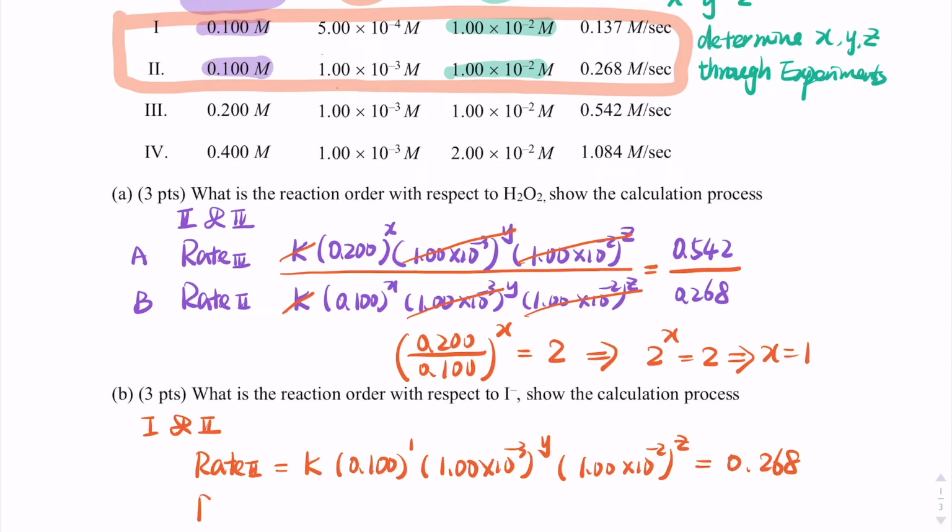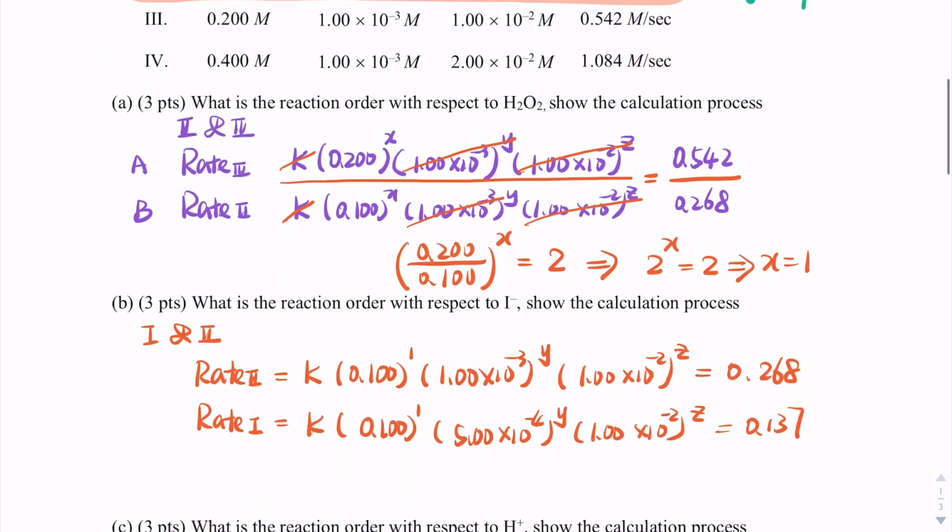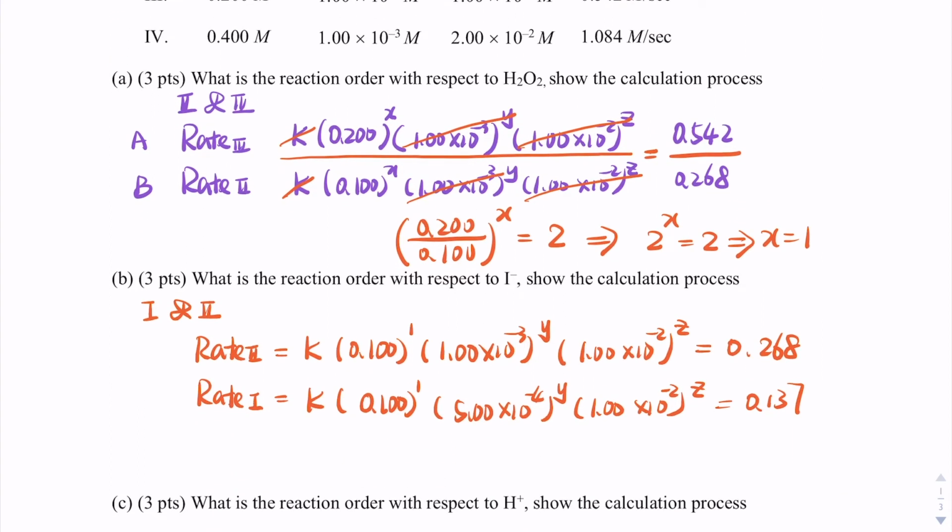And we can calculate the same, so you have rate of 1 equals to k times 0.1 to the power of 1, 5 times 10 to the power negative 4 to the y, 1 times 10 to the power negative 2 to the z, equals to 0.137. Now we'll do the same calculation.